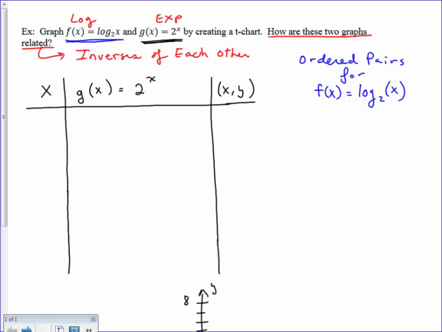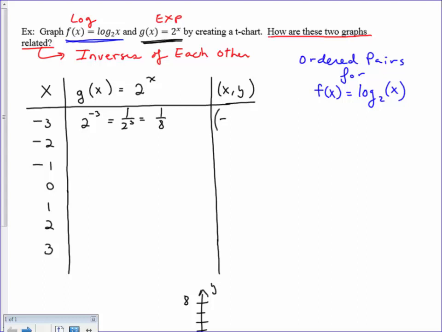Earlier in the notes, we talked about creating this t-chart for the exponential. In that t-chart, we chose -3, -2, -1, 0, 1, 2, and 3 as our x values. Basically, I'll plug in the x values into my 2 to the x. So 2 to the -3 is 1 over 2 to the third, which is 1 over 8.